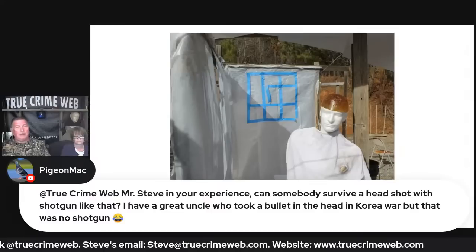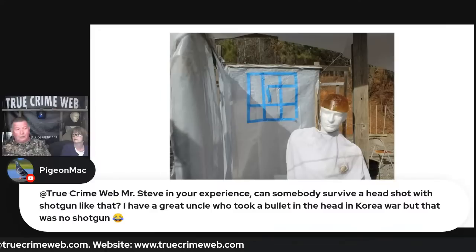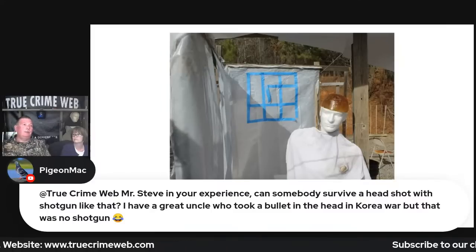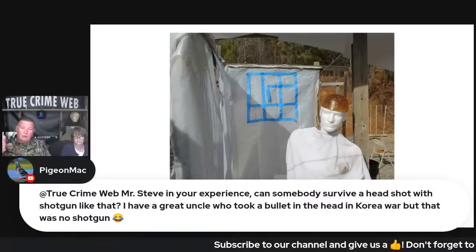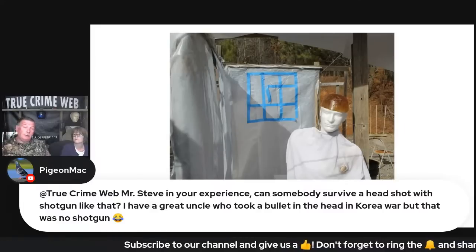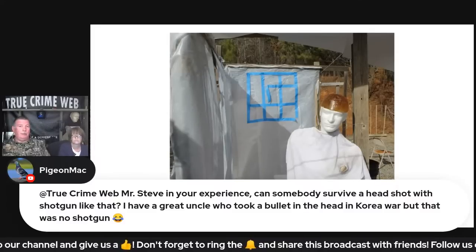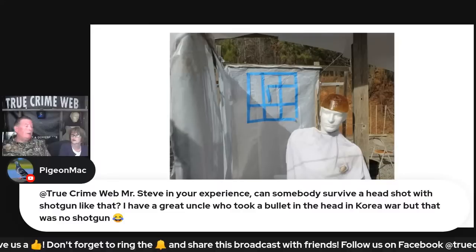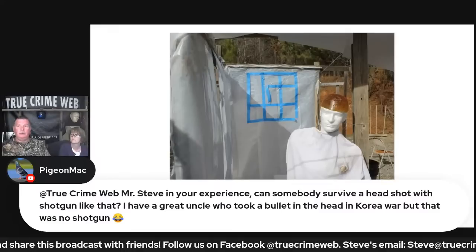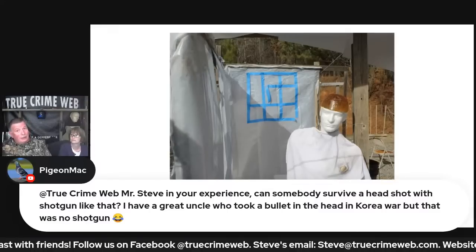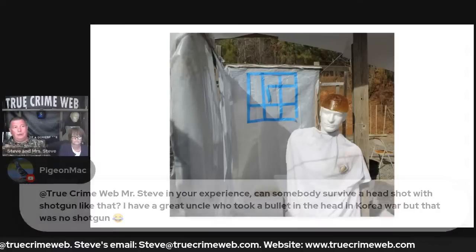Yes, people can if the energy is outside of the cranial vault. We had a hostage, and the hostage survived miraculously, but the individual survived. So yes, things happen. Just because you do a headshot doesn't mean that. But that was a rifle, not a shotgun. But yes, if it doesn't enter the cranial vault, you can probably survive it. But a shotgun blast of this nature, no, you're not going to survive it.